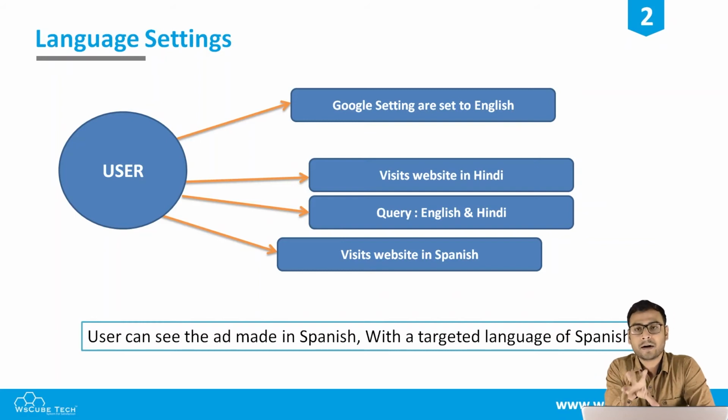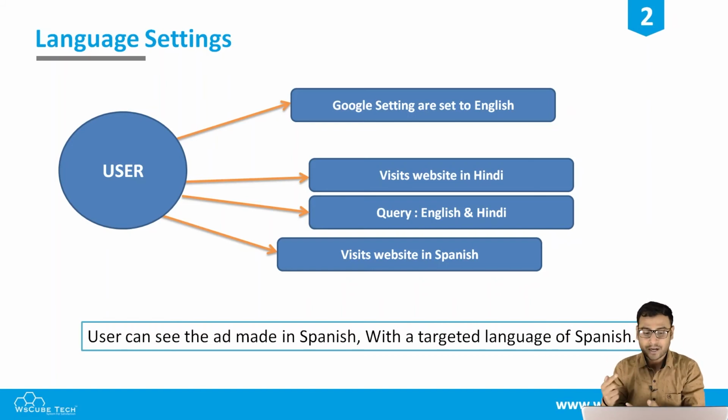Suppose you are looking to target people who speak Spanish, then you should also create your ad copy in the Spanish language, right? You can also put your keywords in Spanish, considering that a person who speaks Spanish can also type keywords in Spanish, right? So if we consider this specific example where this user, Mr. X, is doing all these activities, and one of the activities is that he visits websites in Spanish, which gives Google a signal that this guy understands Spanish.